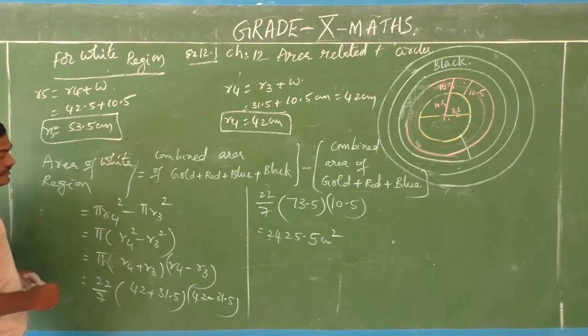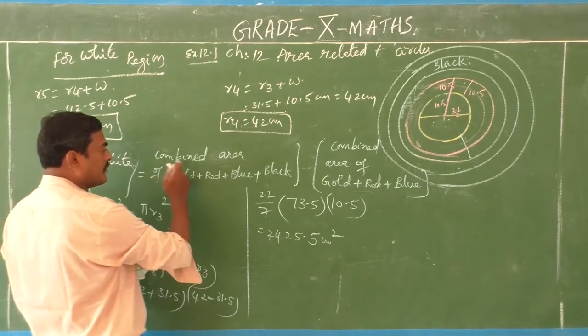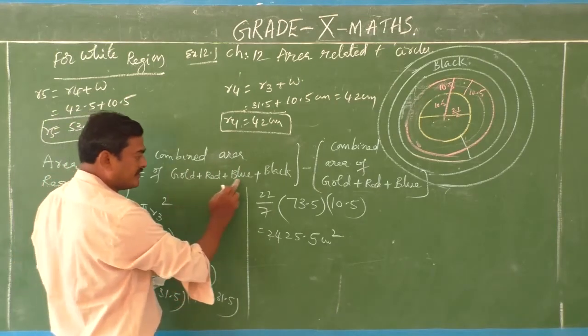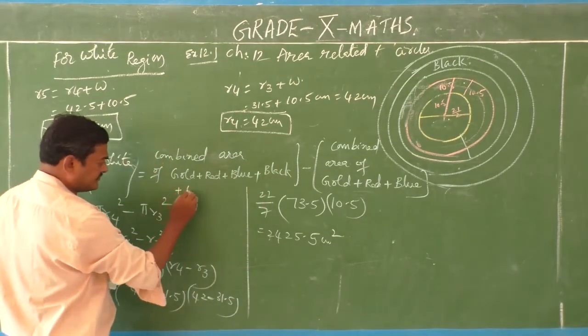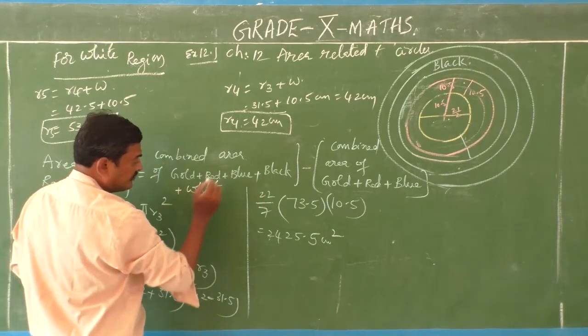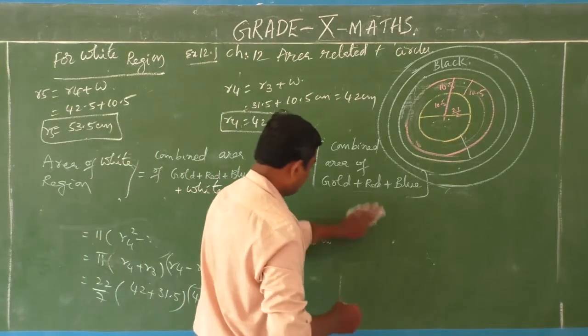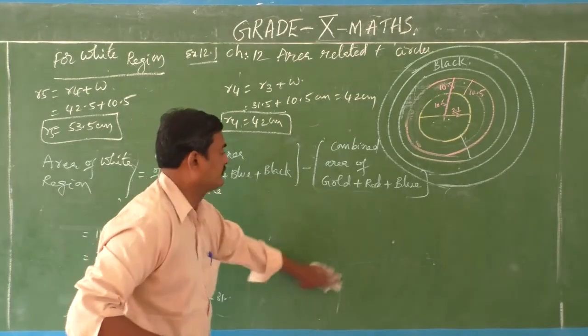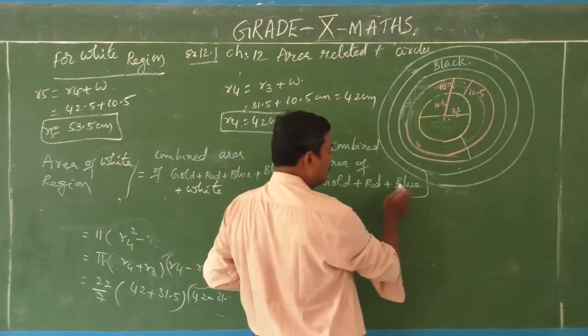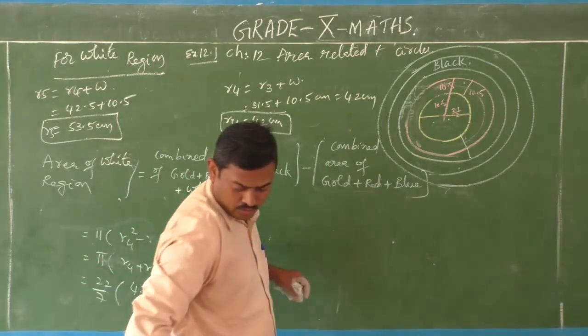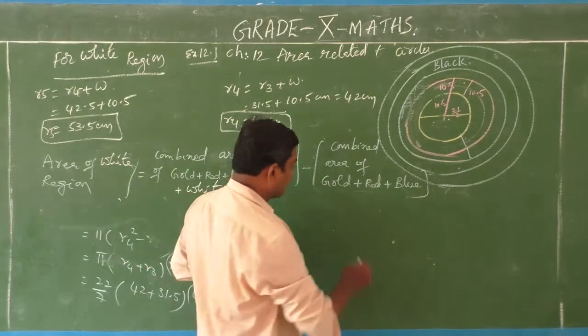Now area of white region equal to combined area of gold, red, blue, black plus white minus area of gold, red, blue plus black.